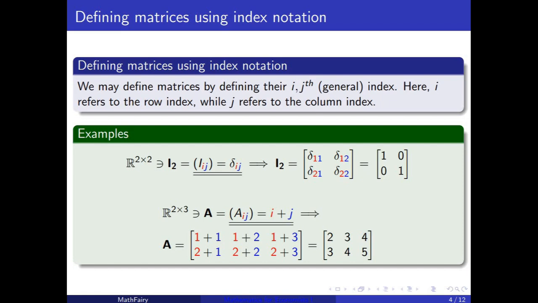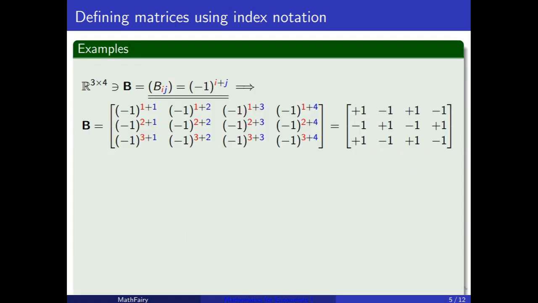For our next example, we have a_ij equaling i plus j. So here we can see that this will lead to this 2 by 3 matrix. The top left element we have 1 plus 1, in the middle top element we have 1 plus 2, and so on and so forth. For our next example, we have that b_ij should be (-1) to the i plus j, and this will leave us with a bunch of powers of -1.